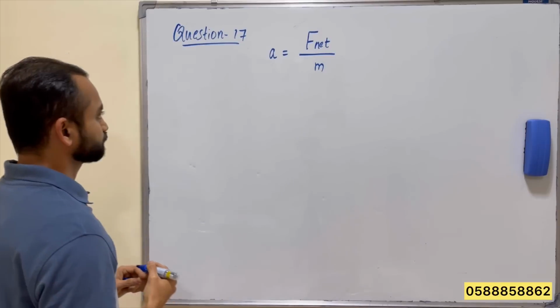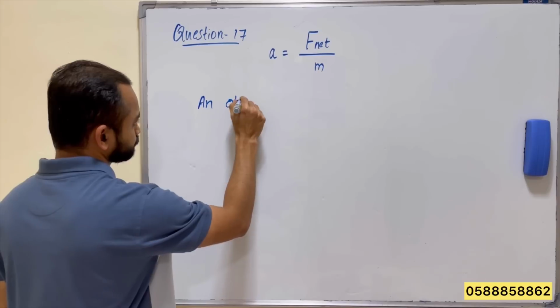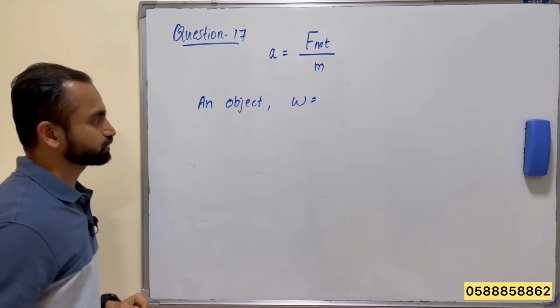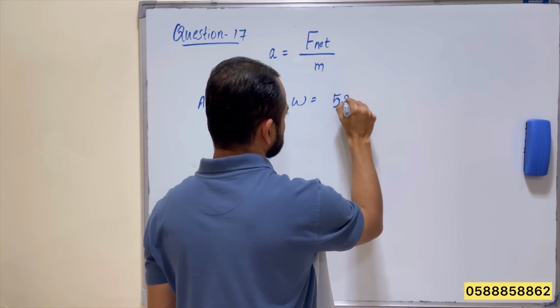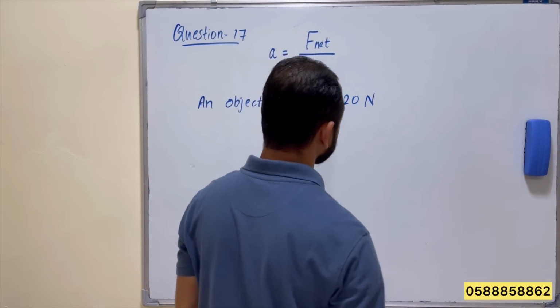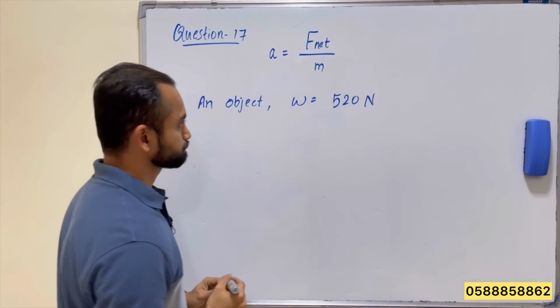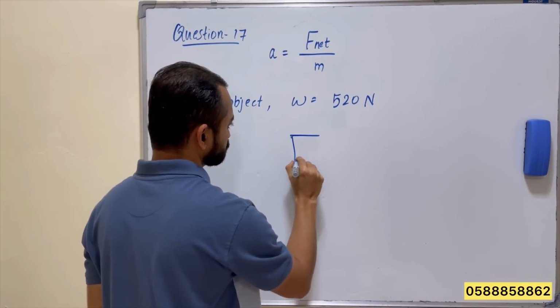For example, the weight of an object is 520 Newton, and this is that object.